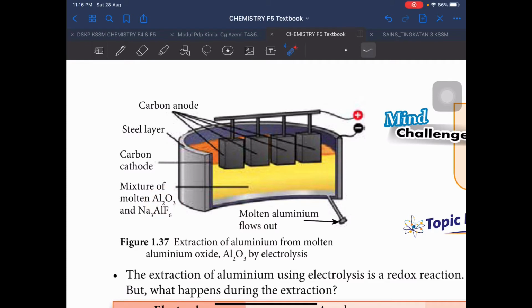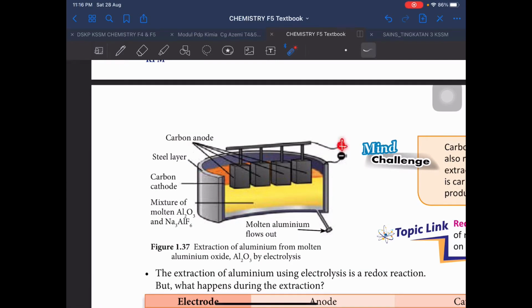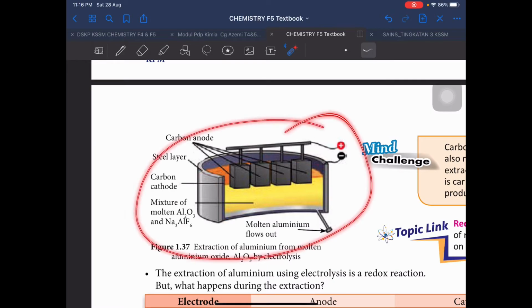So why do we have to add this? Na3AlF6 is cryolite. Okay, now you understand the picture already. The anode is a carbon anode, we use carbon because carbon is inert. And then we use carbon cathode also around the apparatus.